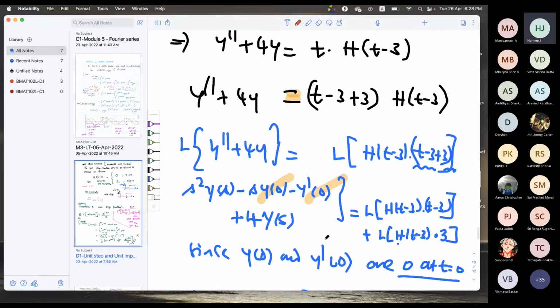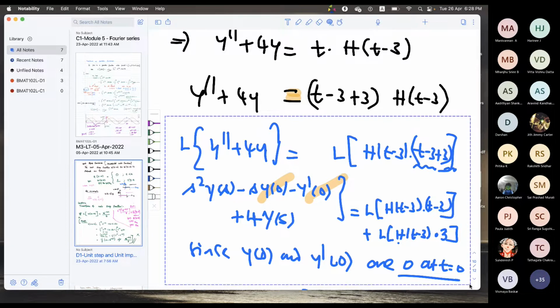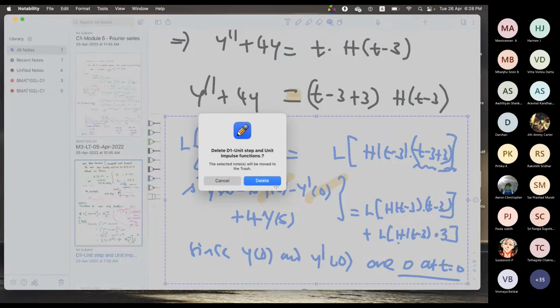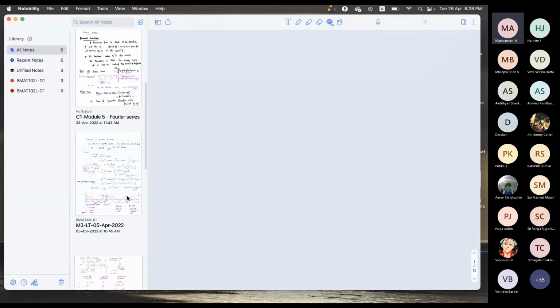Yes, sir. Okay, so with this, I just removed these portions. Okay, and now we will write. Oh, is everything removed? Do we have that file or not?